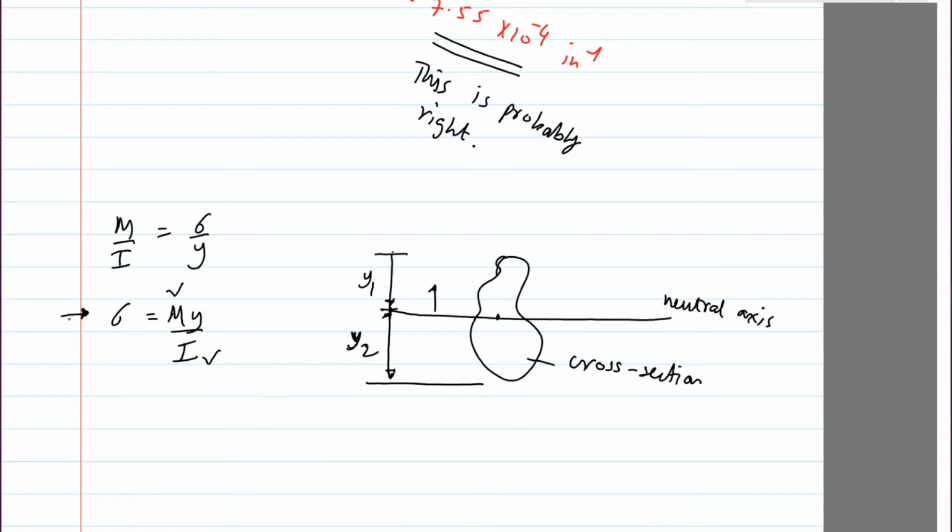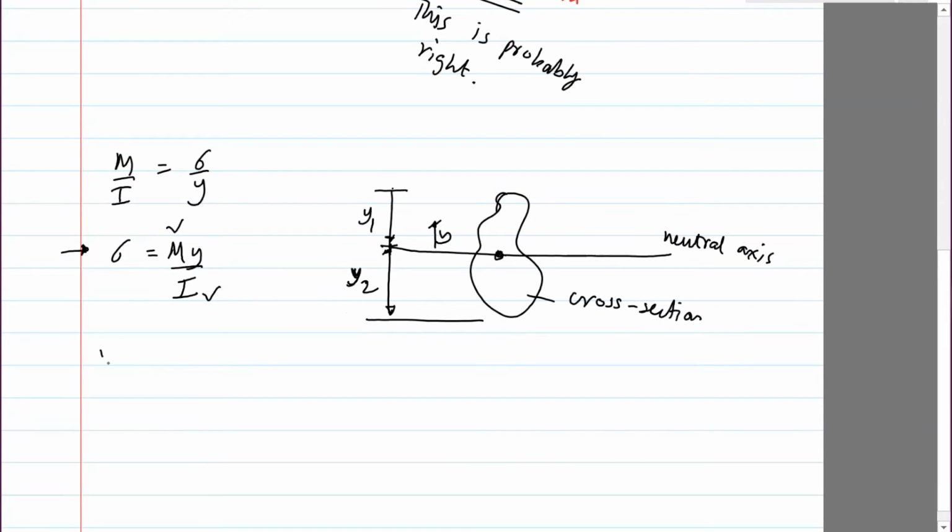Clearly it's going to be 0 here because y is 0. So now you have two choices. You could put y equals y1 or you could put y equals y2. If y2 is bigger than y1, then clearly sigma will be max when y equals y2.